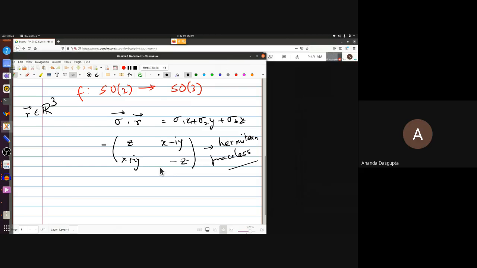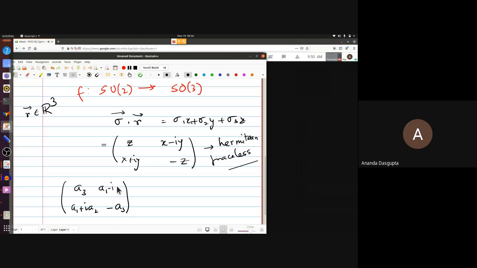Not only that, any traceless Hermitian matrix that you can think about can be put in this form, because if it's Hermitian, the diagonal elements have to be real. Because it's traceless, I should be able to write the two elements like this, a3 and minus a3. And the off diagonal element, if I write this as a1 plus ia2, the other one has to be its conjugate.